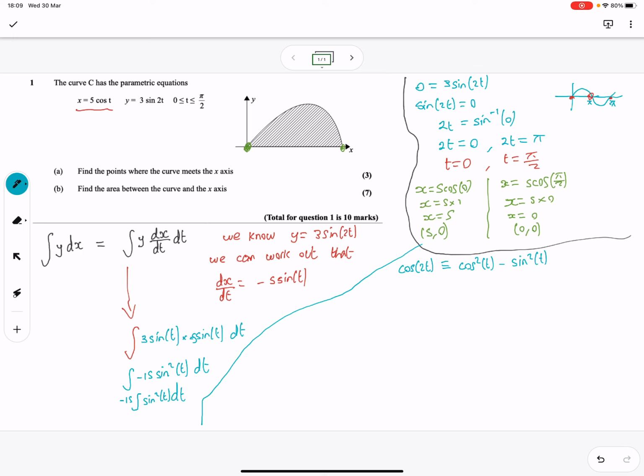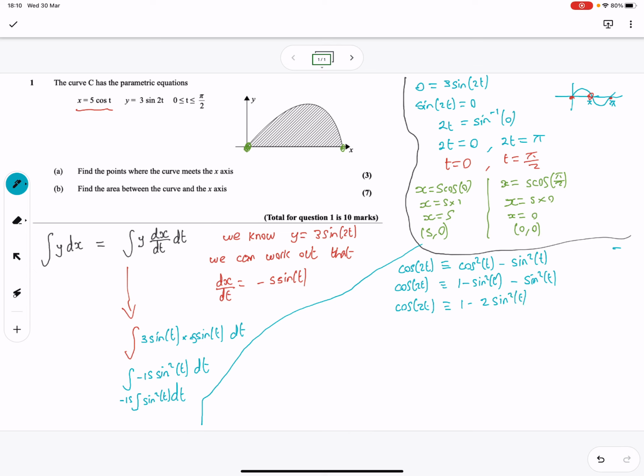We can then rewrite the right-hand side in terms of sine squareds. So cos of 2t is identical to, cos squared is the same thing as 1 minus sine squared t, and then it's minus the extra sine squared t. Cos of 2t is identical to 1 minus 2 sine squared t.